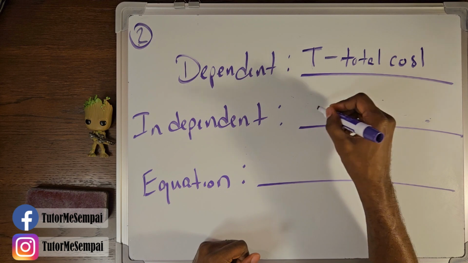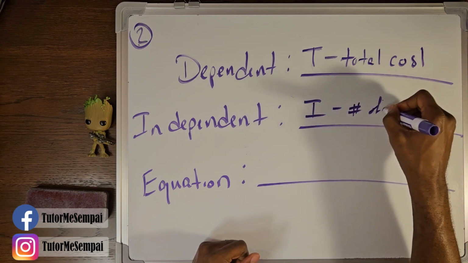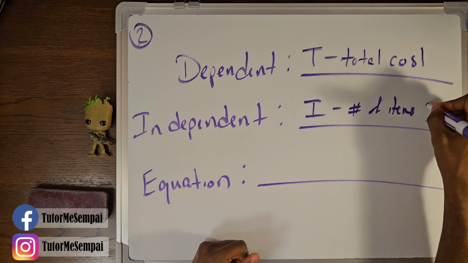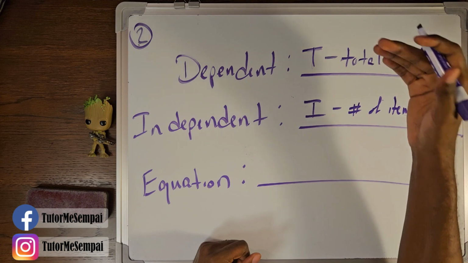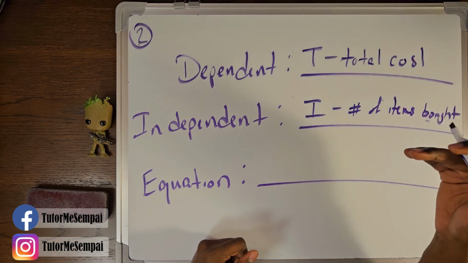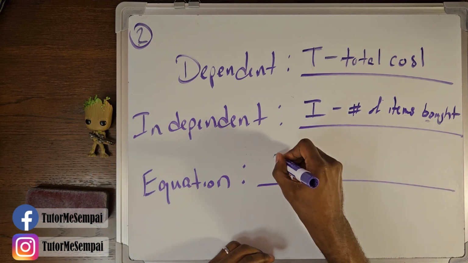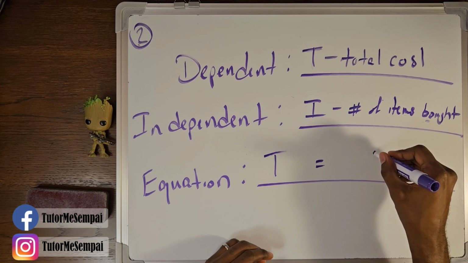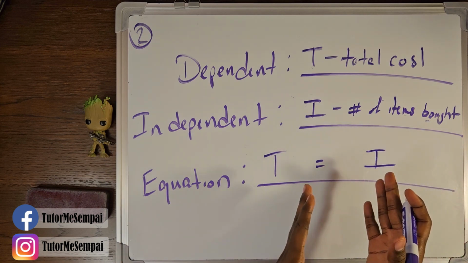So our independent variable is going to be I for the number of items bought, right? We don't necessarily know how much it's going to cost at the end, but we do control how many things we're going to buy. When we put all of that together, we're going to put T on one side, we're going to put the I on the other side, and what are we going to put in between?